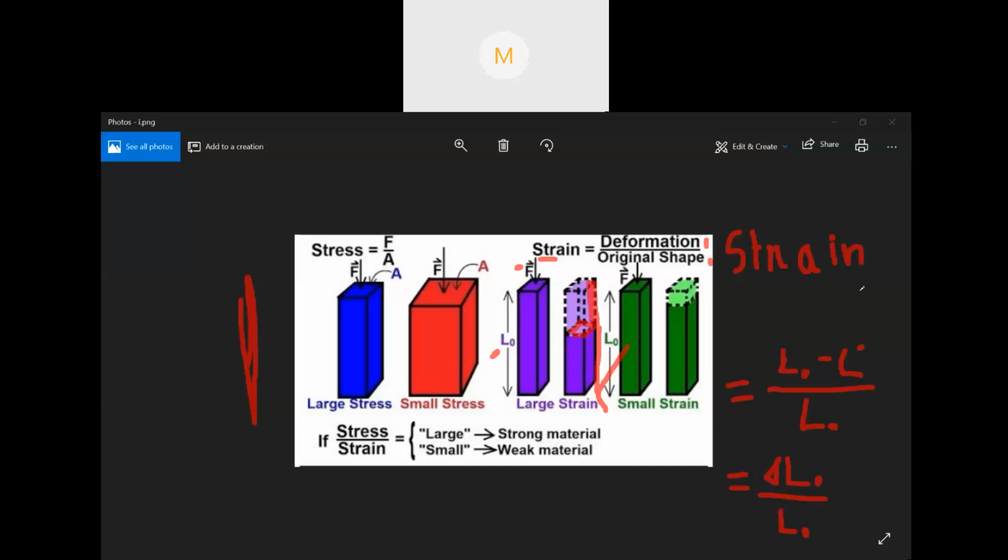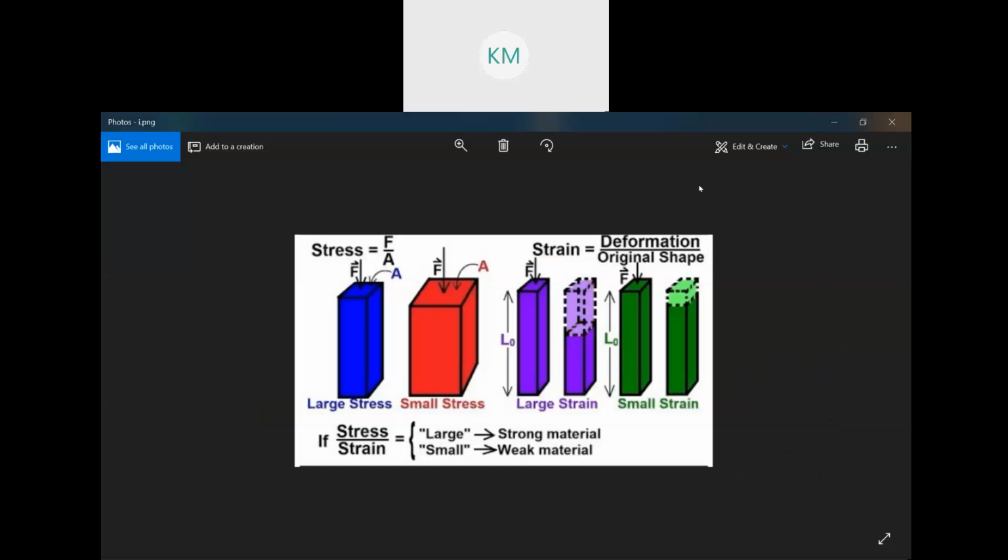What about others? Got it. What is strain actually? Someone said they didn't understand. Remodasi, did you understand now? Did you understand?